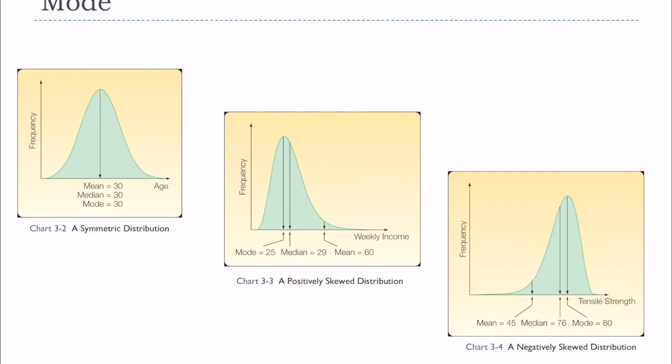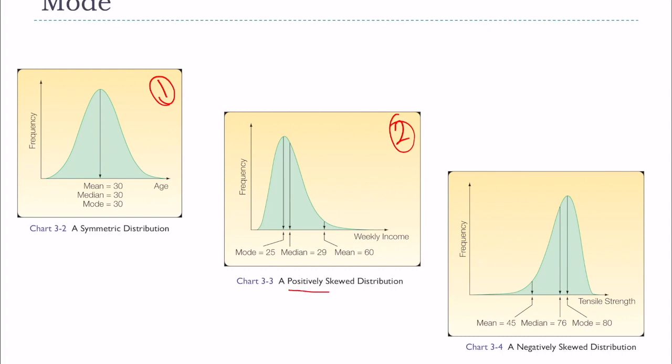Okay. So just looking at some differences here. So this first graph, number 1 here, we would say is a symmetric distribution. Our mean, median, and mode are all the same at the age of 30. Whereas graph number 2, we would say is a positively skewed distribution.